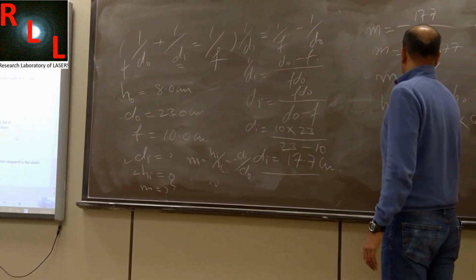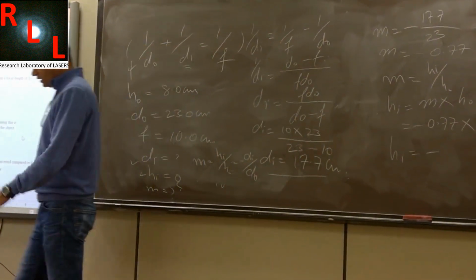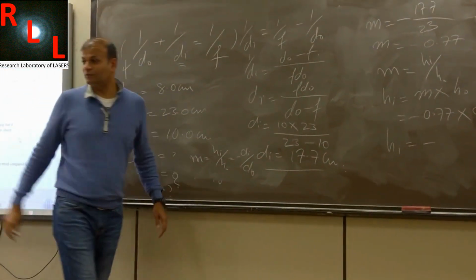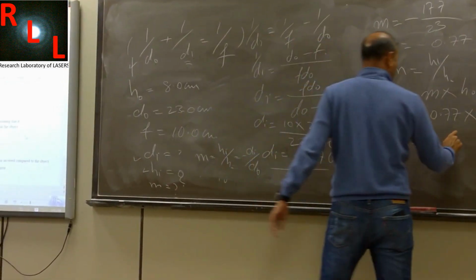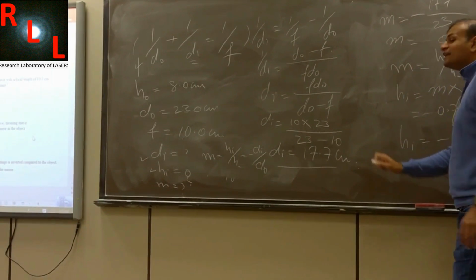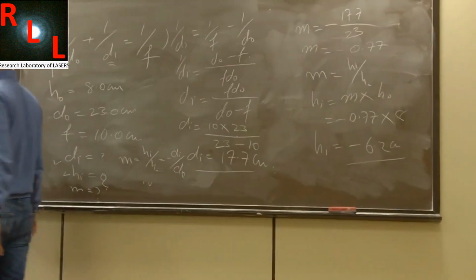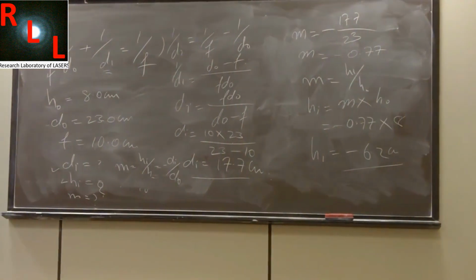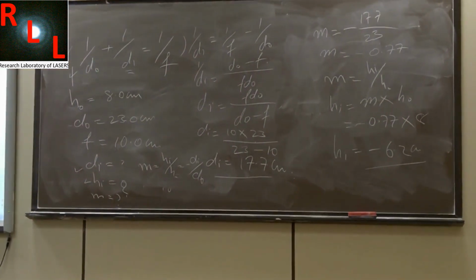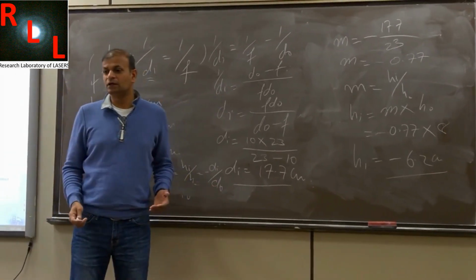So hi is equal to minus 6.2. Why the negative sign? Because the image is inverted, upside down. Yes, this is what I mentioned.